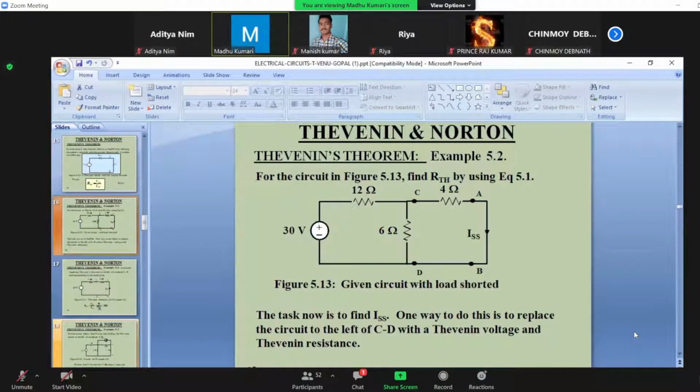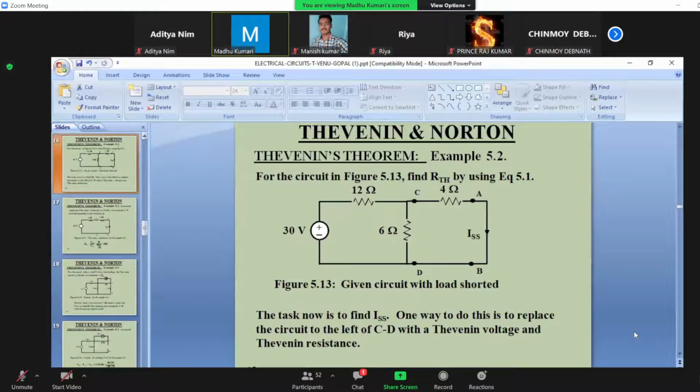Now, here in the second example, given circuit, how we can calculate RThevenin by short circuiting the load point. Please see this problem and tell me, does anyone have a problem or not?